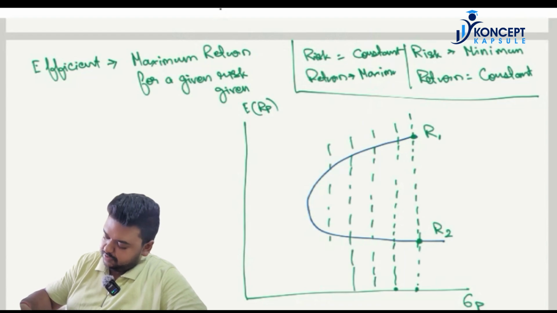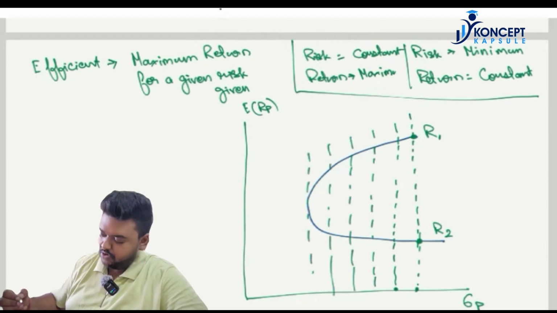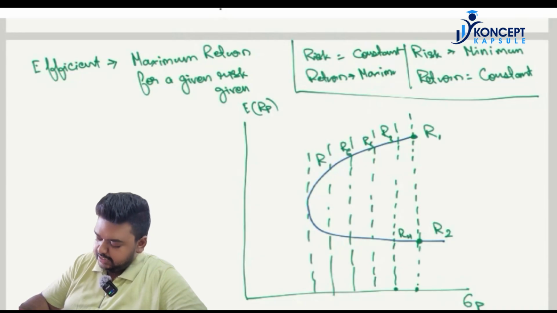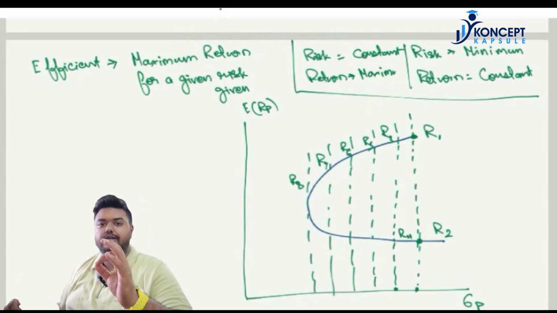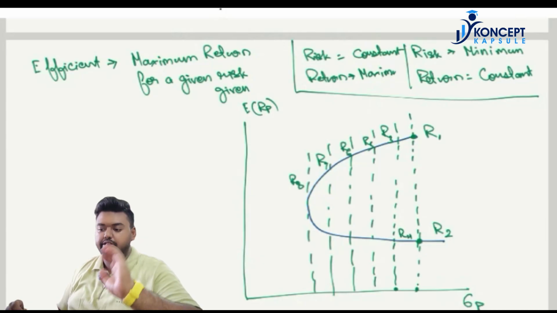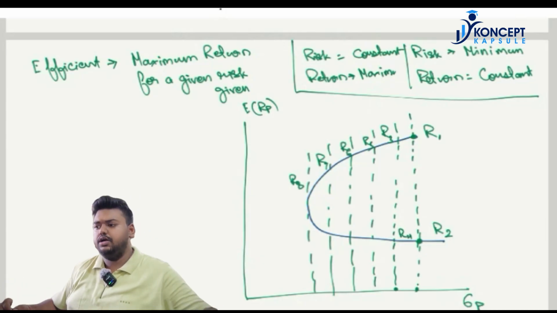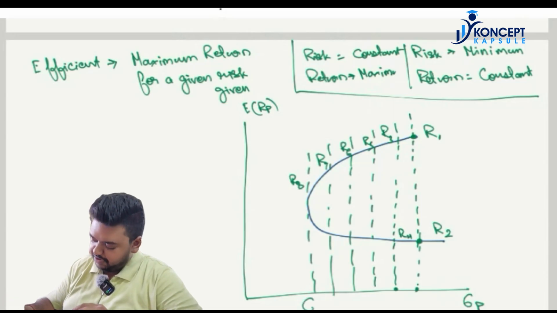Similarly like this, at each risk level, we are getting two returns. Yes or no, guys? Now just read the definition carefully. Efficient frontier means maximum return for a given level of risk. So over here, for example, for sigma 1, sigma 2, sigma 3, sigma 4, sigma 5, sigma 6.